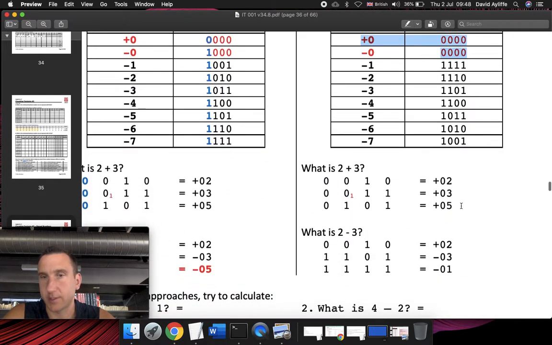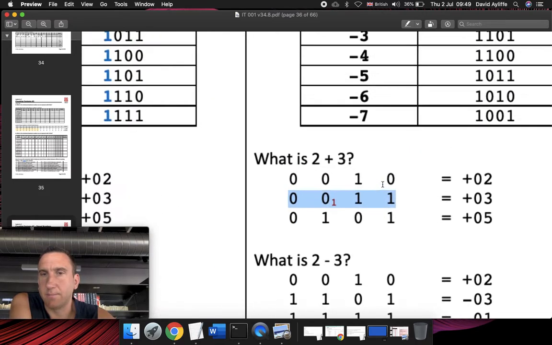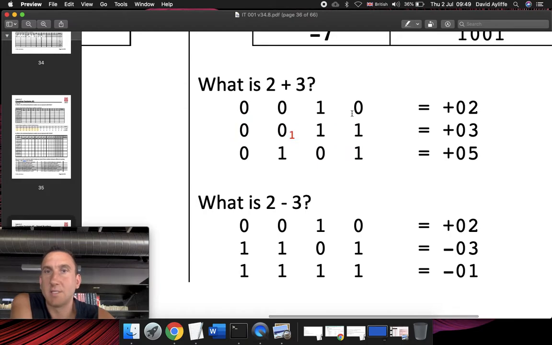But what about the maths? Does the maths work? Well, let's have a look. So here we've got 2, here we've got 3. Let's try to add them. 0 and 1 is 1. Easy. 1 and 1 is 2. And 2 in binary is 0 and 1. No?